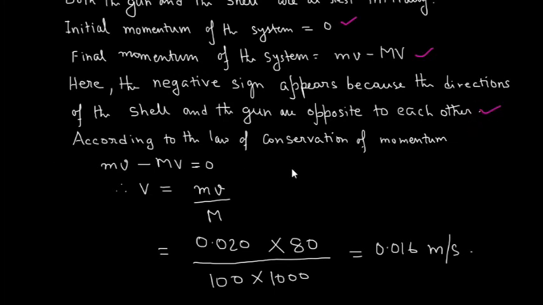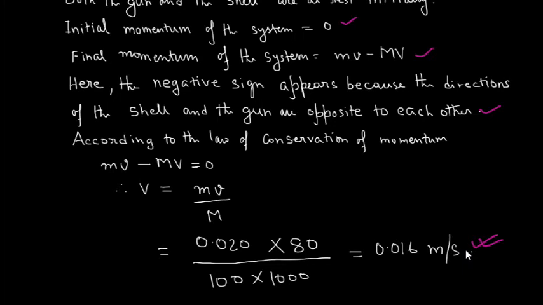So according to the law of conservation of momentum, mv minus MV is equal to 0, V is equal to mv upon capital M. Putting the values of small m, small v and capital M, 0.020 into 80 upon 100 is equal to 0.016 meter per second. And this is the answer.